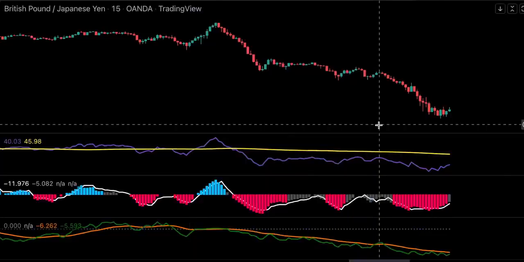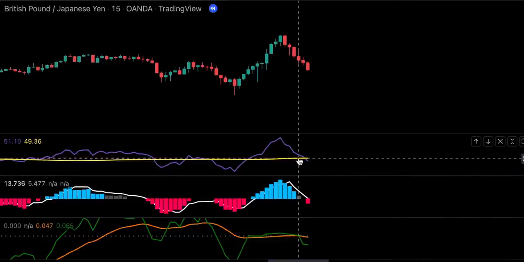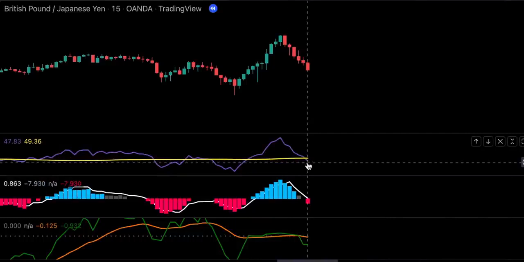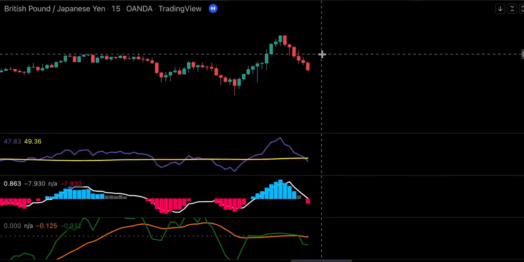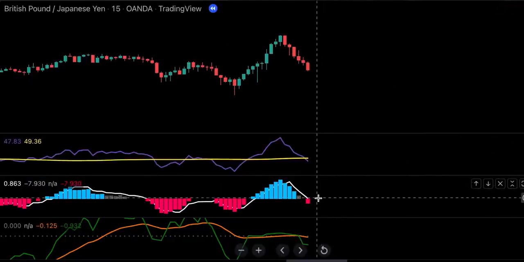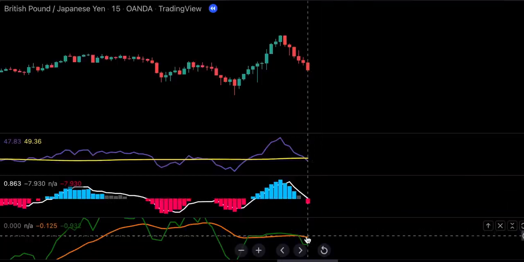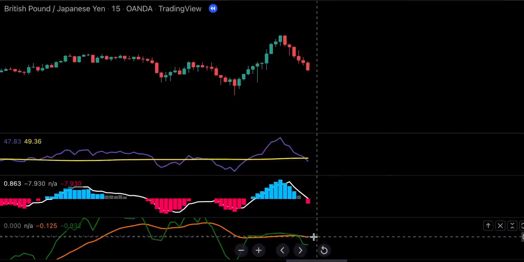Let's get into our trading rules. Okay, so we're only going to be looking to sell if the RSI purple line is below this yellow moving average. This is a confirmation that we are in a bearish market. Next thing we will need to have is a new red histogram appeared on this QQE mod indicator. And lastly, this orange line of this volume indicator has to be above the green line, and they both have to be below this 0 level.